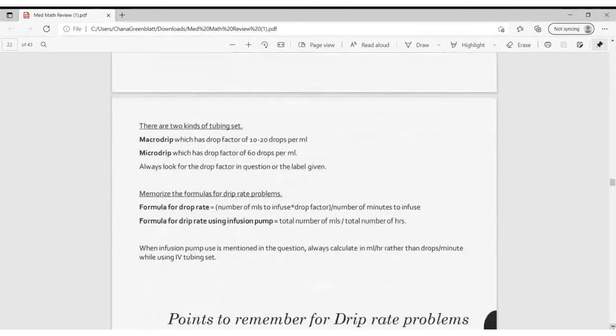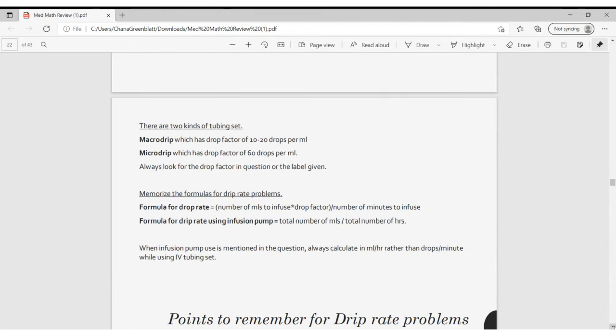So in some hospitals, as we talked about before, you might be required to calculate what's called a drip rate. On your exams, your professors will refer to macro drip versus micro drip. So I know it is going to be the reverse here. Micro is going to have the larger amount of drops, and macro is going to have the smaller amount of drops.